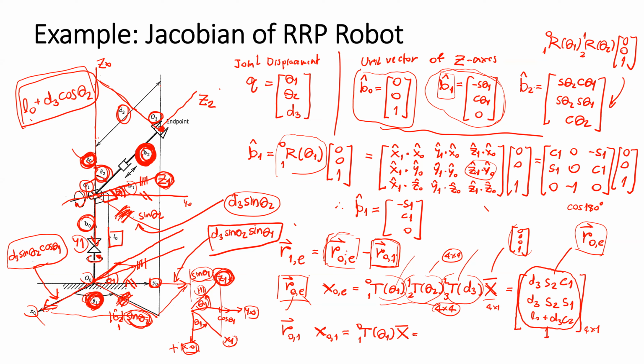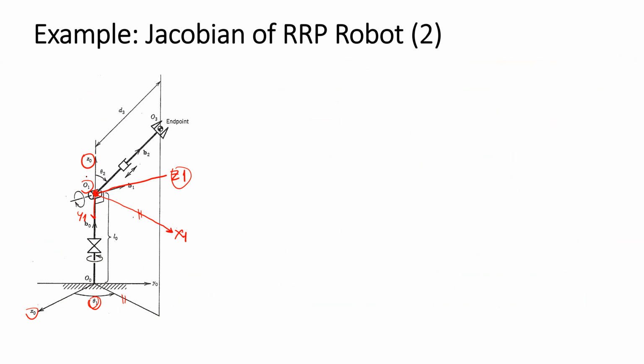But you can see by eye, the origin of frame 1, O1, is in the coordinate 0 in x, 0 in y, and L0 in Z, compared to the 0, 0, 0 position.